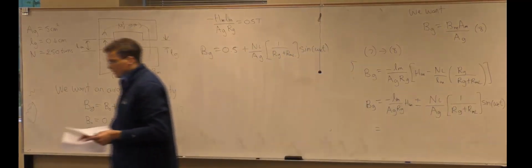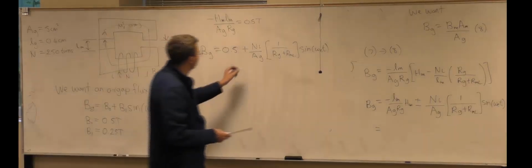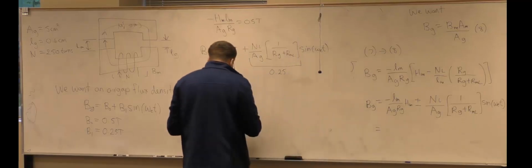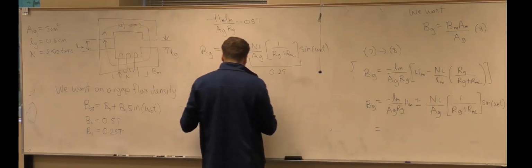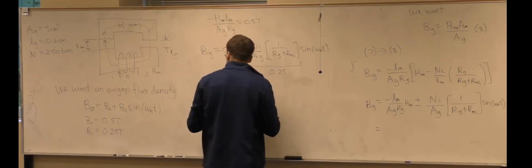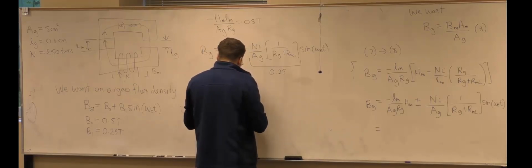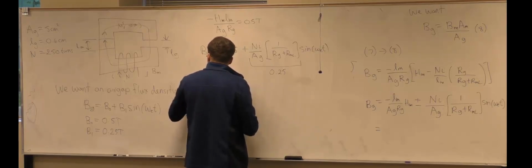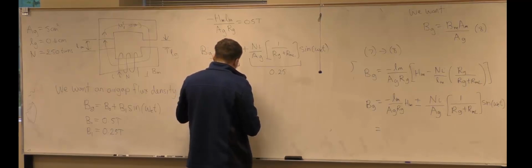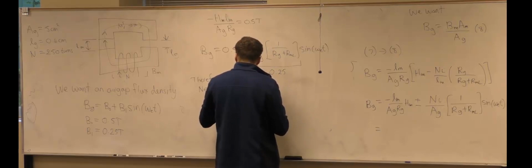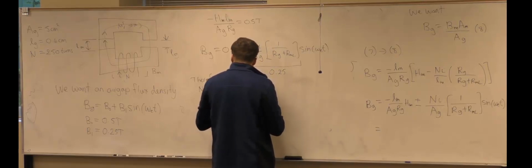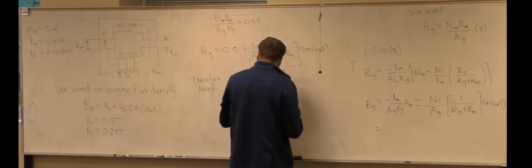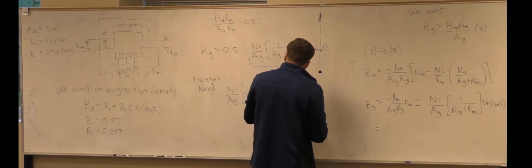Okay, so this part here needs to be 0.25, and so we can figure out what the current is. Therefore we need to get Ni divided by Ag 1 over Rg plus Rml to equal 0.25.